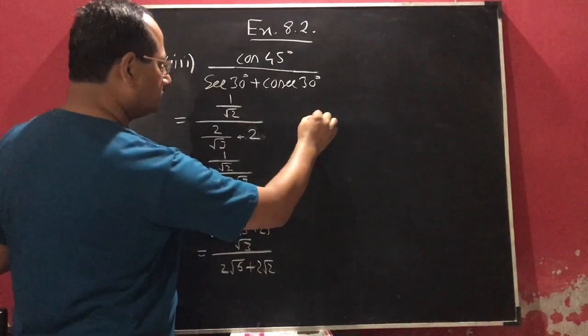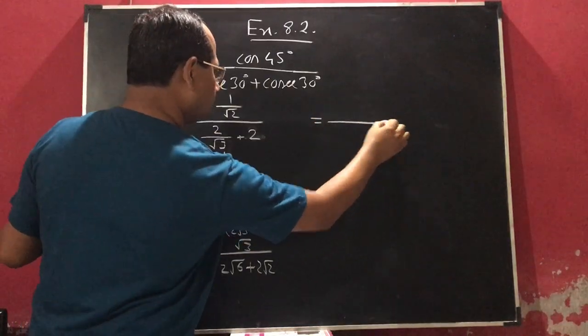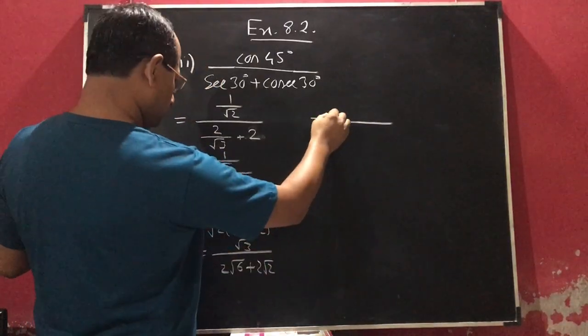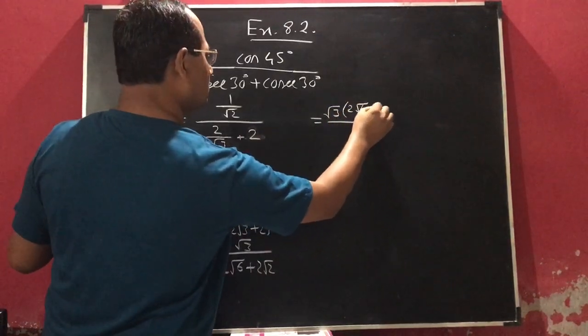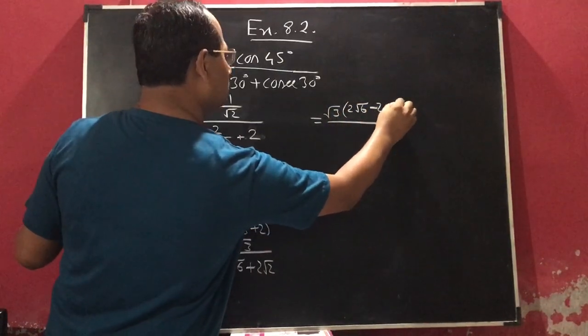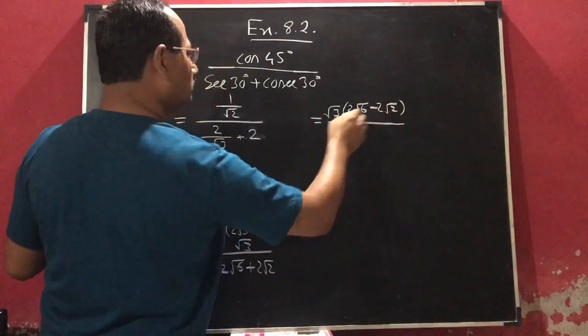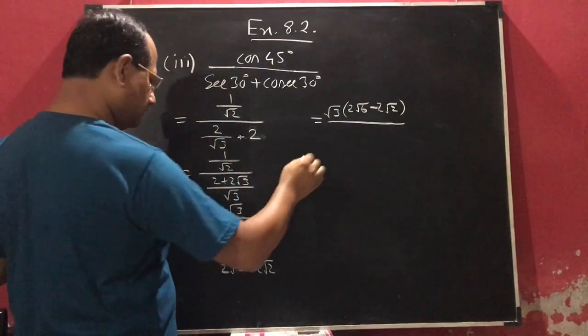Then root 3 into 2 root 6 minus 2 root 2. Conjugate, and multiply by conjugate both numerator and denominator.